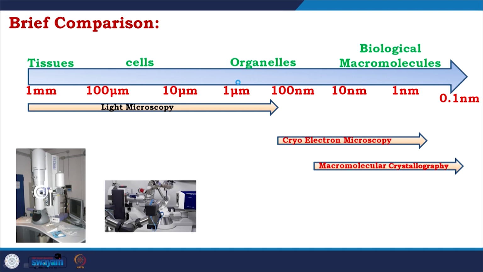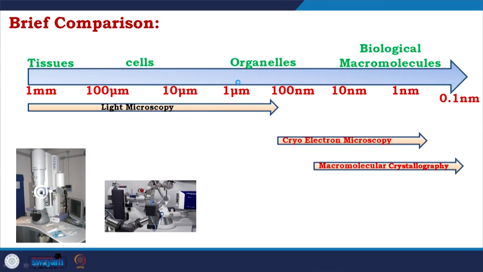X-ray crystallography or macromolecular crystallography contribute mostly to the structure solution up to now. Nearly 90% of the solved structures are done by X-ray crystallography. It ranges from around 10 nanometer to angstrom level. Good structures are considered from 3.5 to 1 angstrom.